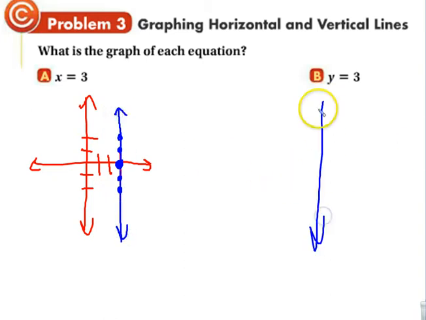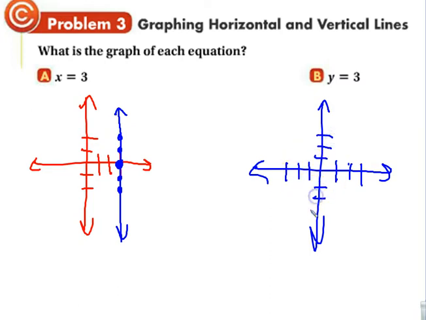And then over here, we've got the opposite. y is equal to 3. That means no matter what the x is, y is equal to 3.